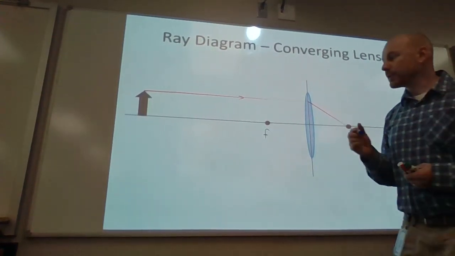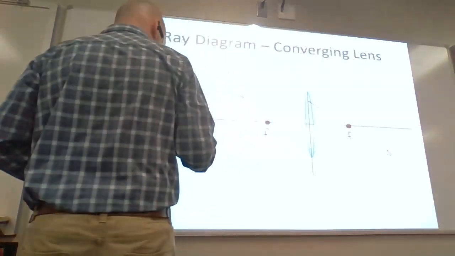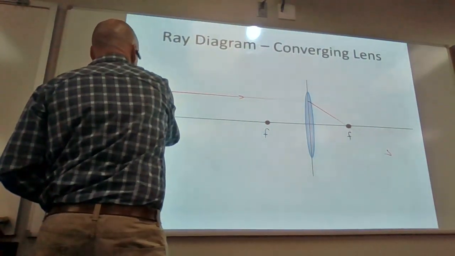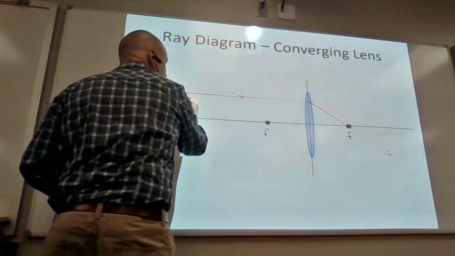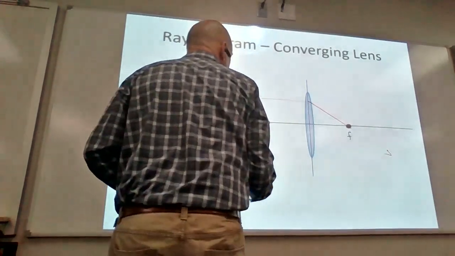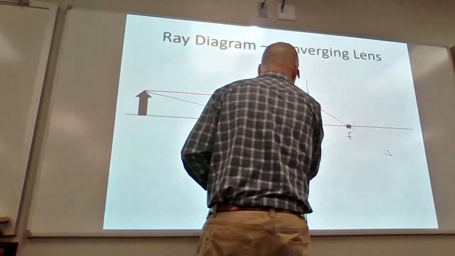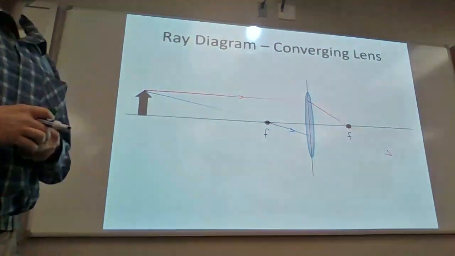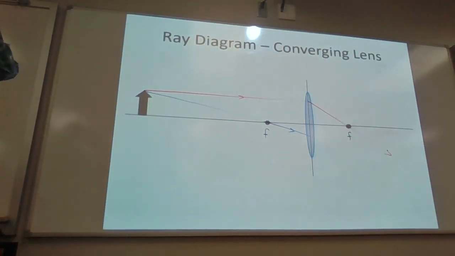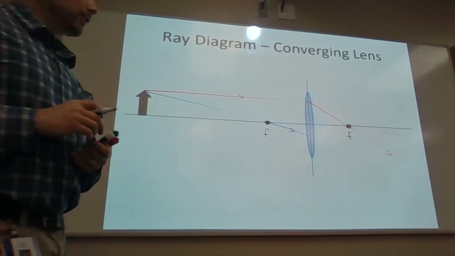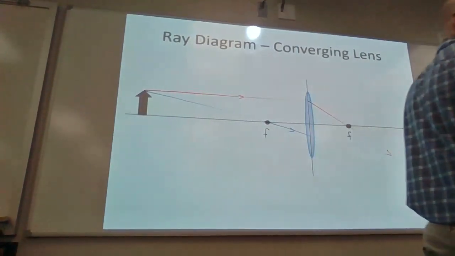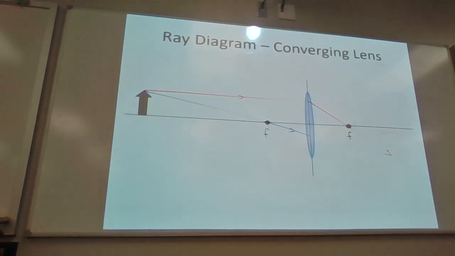Okay. So I'm going to send a ray of light through the near focal point, and then it's going to refract how? It's going to refract parallel to the principal axis.